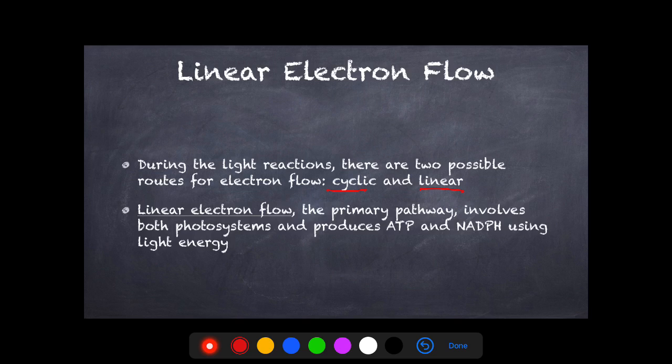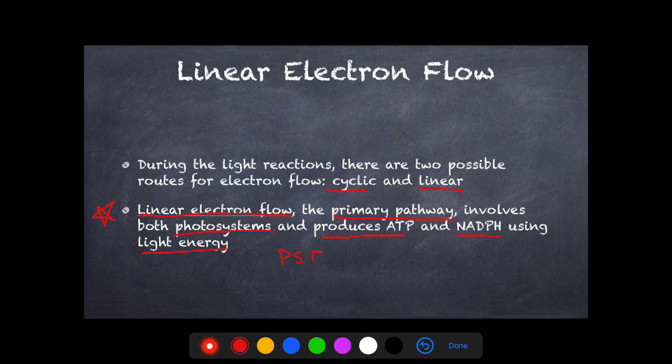Linear electron flow is when you have a flow of electrons through the photosystems and other molecular parts in the thylakoid membrane. Linear flow is also going to be the primary pathway. It's going to involve both photosystems, and it's going to make ATP and NADPH using light energy. Make sure you know this.